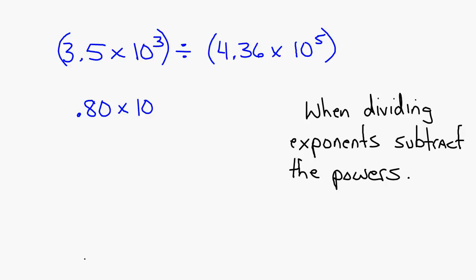Okay, so this 3.5 divided by 4.36 is 0.8 times 10, and you're going to take your 3 minus 5 power. All right, and 3 minus 5 is negative 2.